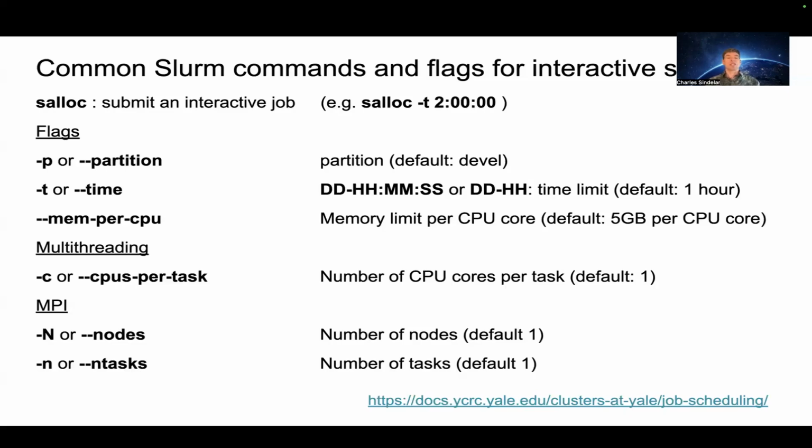And in that case, you can request the number of compute nodes, which the default is 1, but you can ask for more than 1 node, which increases the number of cores or CPUs that can be available to your task or job. And you can also request a number of tasks for the MPI job, and that's separate from the meaning of the word task I was just using.